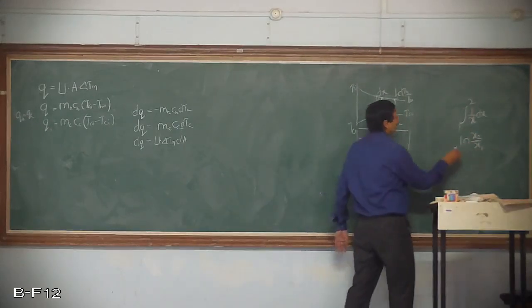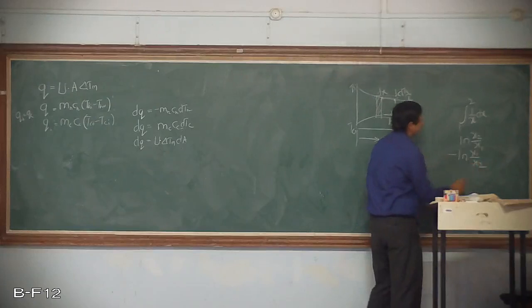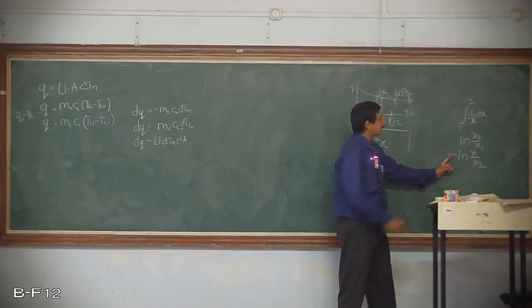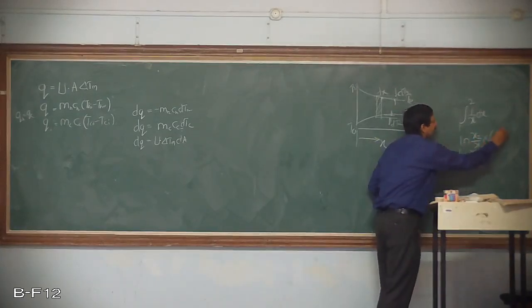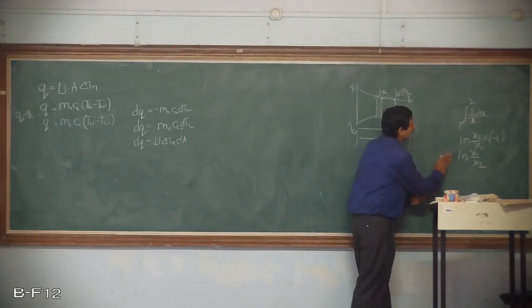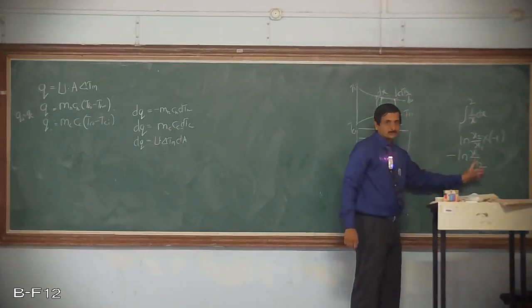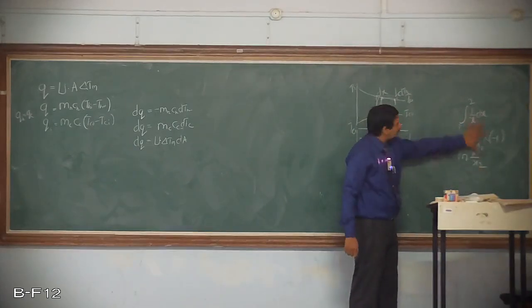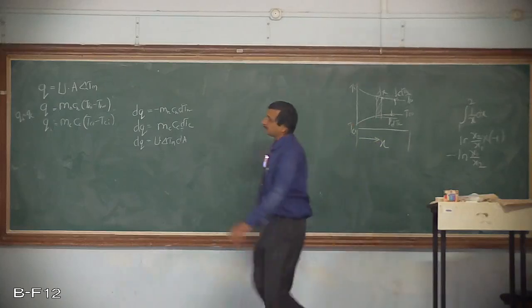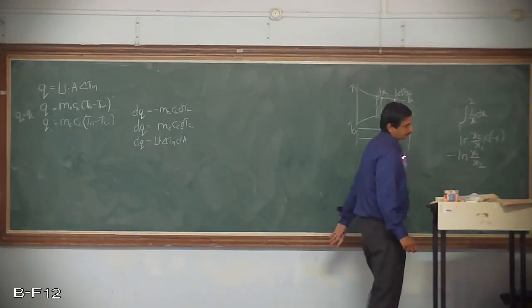In a similar way, I can write the same thing as ln of x1 by x2 with a minus sign. I repeat, if I multiply this term by minus 1, can I write ln of x1 by x2? Is it possible? Yes. If you know this, then the derivation is very simple. Okay, fine. Take this, then we'll start.